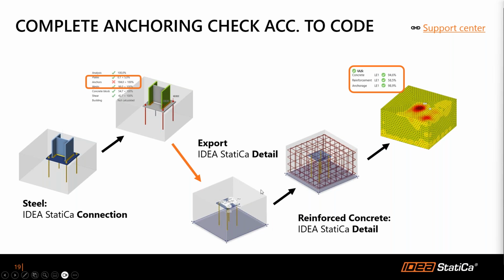Export this information into Idea Statica Detail, where you get the concrete block, base plate, anchors, and the forces acting on the base plate and the anchors. Then you just introduce the reinforcement, add additional load cases, and run the analysis to get the complete results of your design.